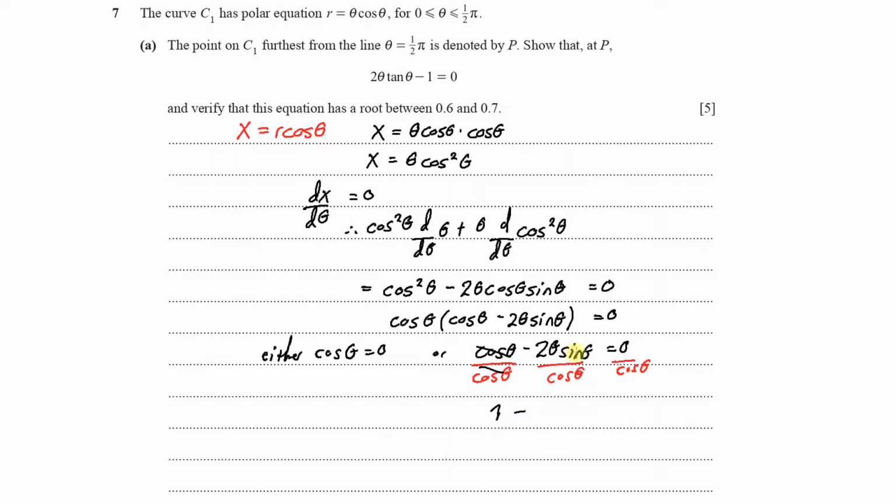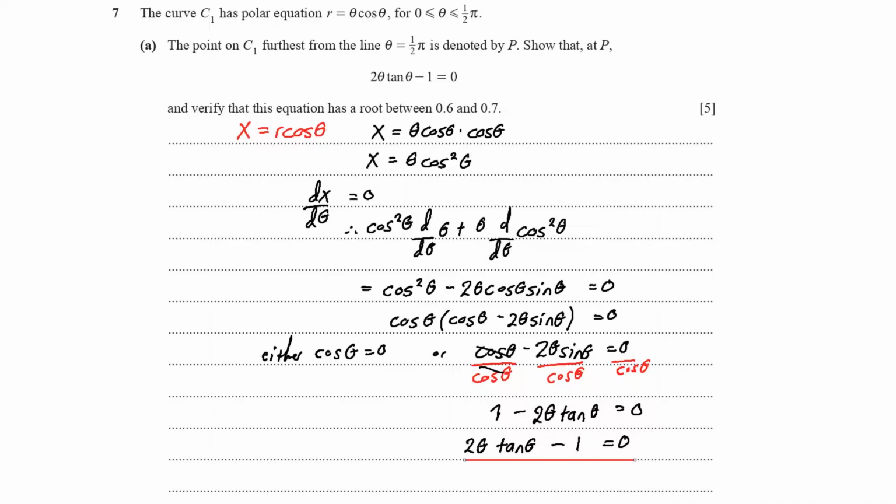And here sine theta over cos theta is tan, so we have 2 theta tan theta. And 0 divided by cos theta is 0. So dividing by minus 1, we have 2 theta tan theta minus 1 is equal to 0. So what we get here is what they wanted us to find.